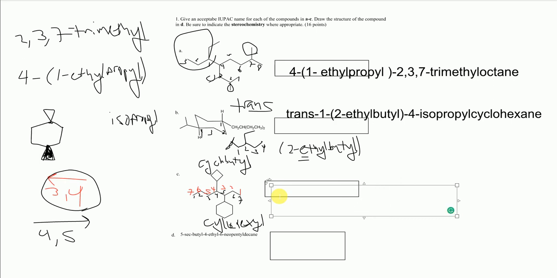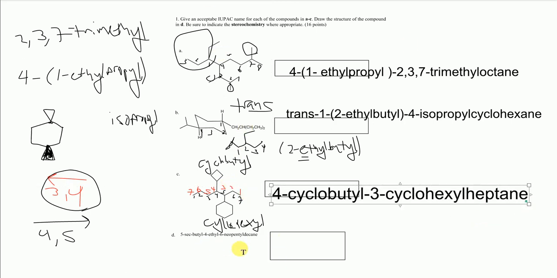So what's alphabetically first? Cyclobutyl or cyclohexyl? So cyclo counts alphabetically. So now I'm comparing the H and the B. So obviously the B comes first. So the B is on 4 cyclobutyl, and then 3 cyclohexyl, and then this is heptane.